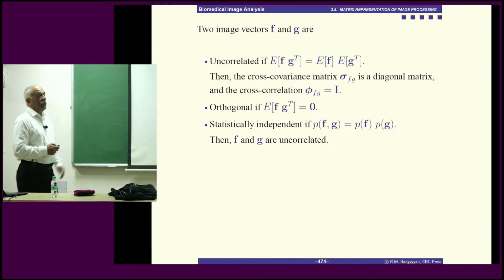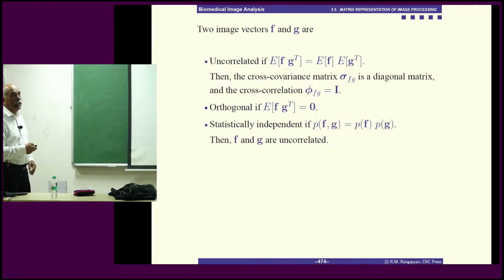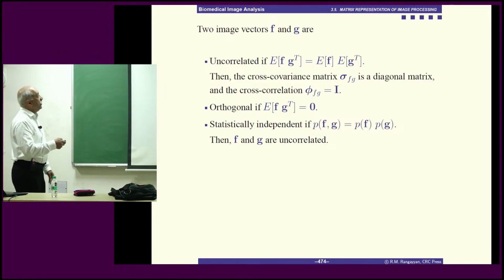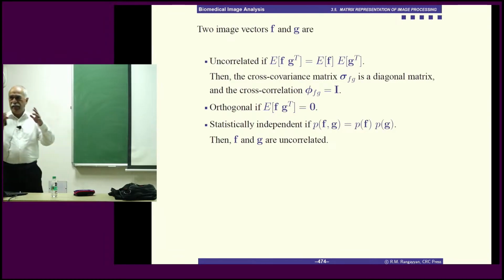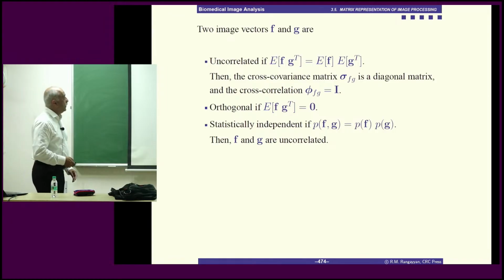So using this notation, we can redefine some of the statistical properties. Two images are uncorrelated if the expectation of F G transpose is the expectation of F times the expectation of G transpose. That is, the expectation can be separated. Expectation is like integration. The two can be separated out if they are uncorrelated.